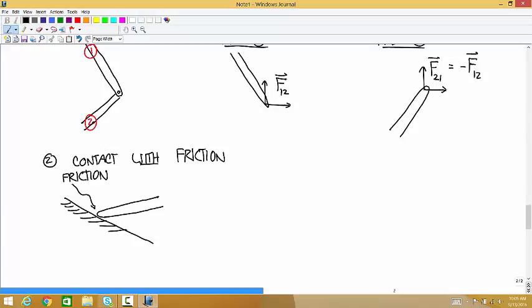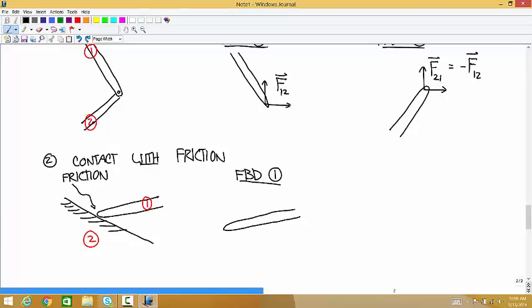I'll call the rod body 1 and the ground body 2. So a free body diagram of 1. If this is the ground, the force is perpendicular to that. Oh, no, what am I doing? We already did that one.